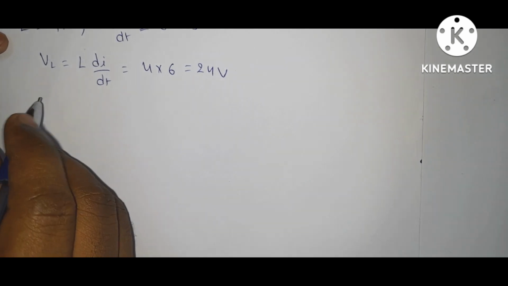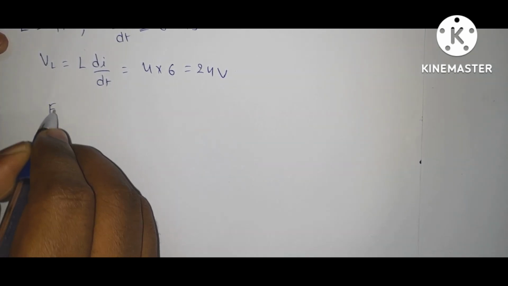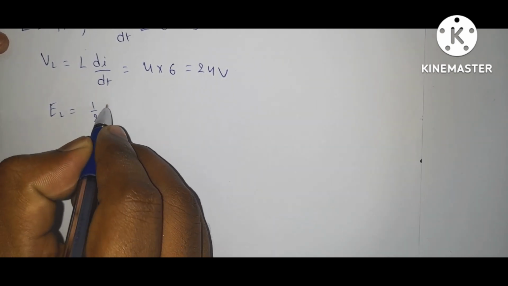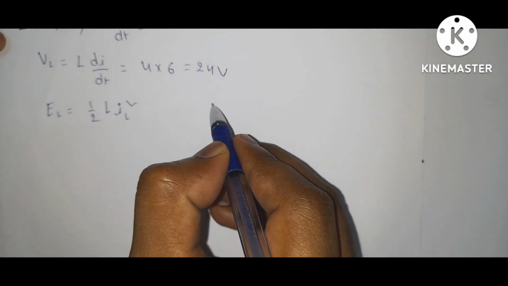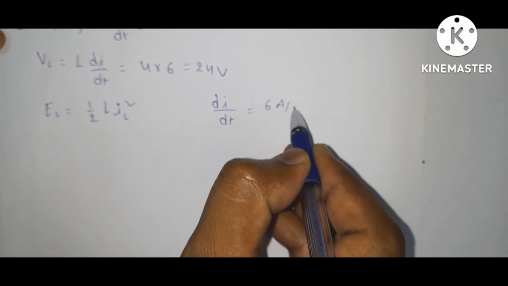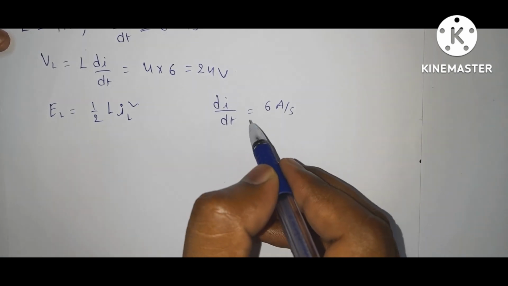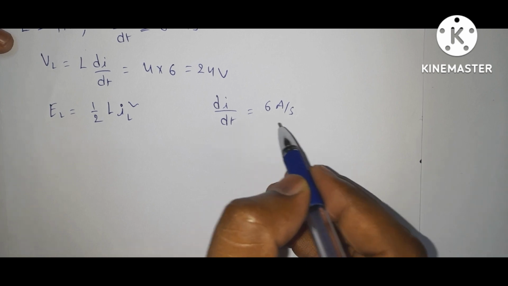And next one is the energy stored in the inductor. EL is equal to half L IL square. Here di by dt is given, that is 6 amperes per second. Now how to find the current? He is asking in 3 seconds.